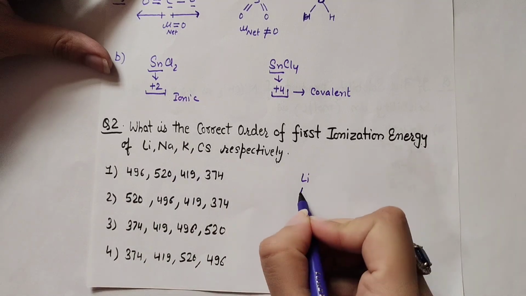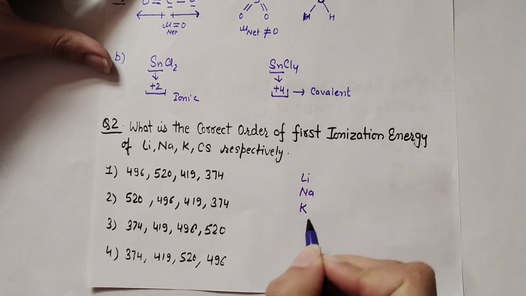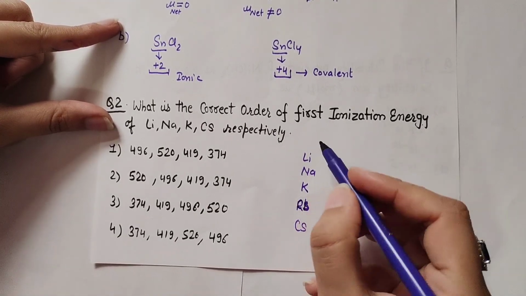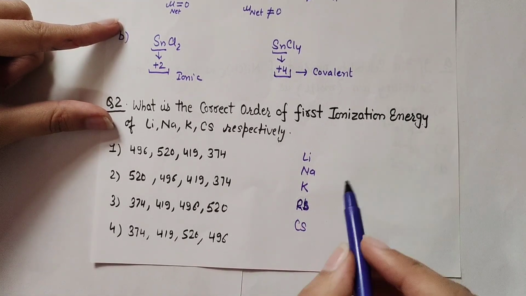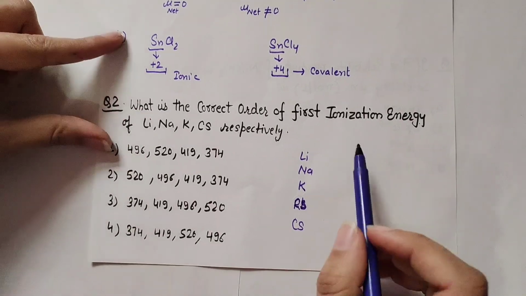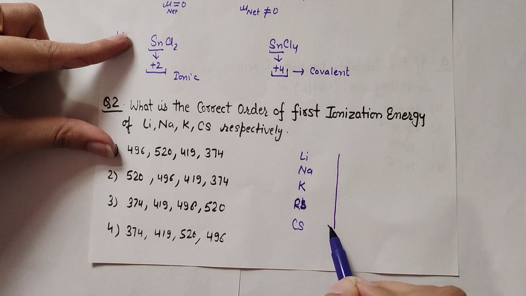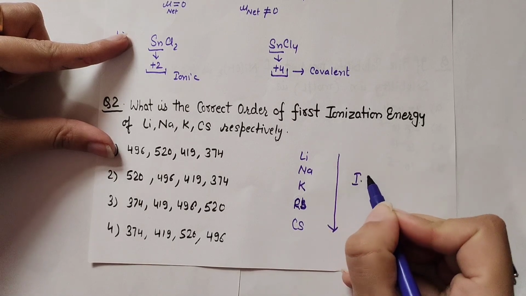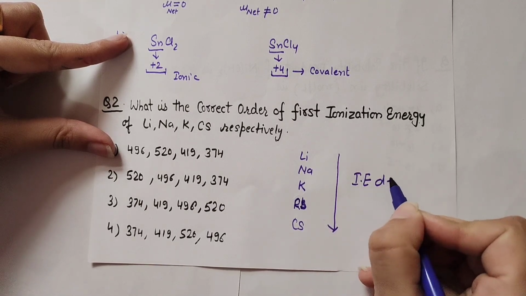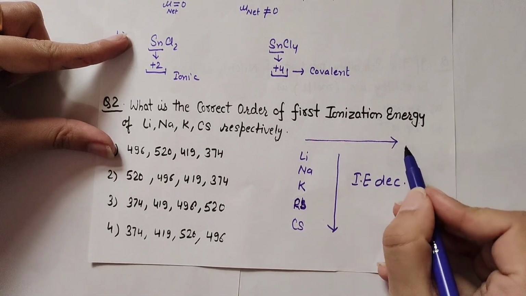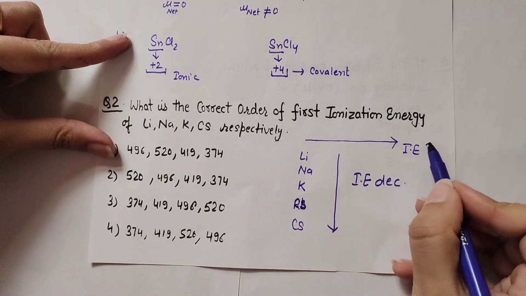Lithium, sodium, potassium, rubidium, cesium, these elements come under the first group of the periodic table. In the periodic trends, if we go from top to bottom, the ionization energy or ionization enthalpy decreases. And if we go from left to right in a periodic table, the ionization energy often increases.